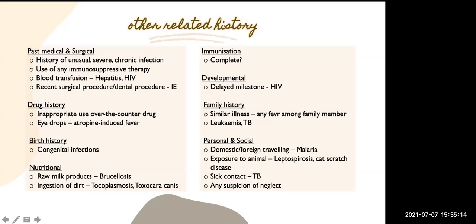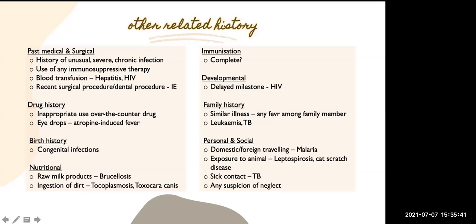And then for family history, we basically want to ask if there's any similar illness among the family members, which may be associated with TB or any malignancy. Okay, and then personal or social history, especially if there's any exposure to animals, and also if there's any sick contact, such as a patient with TB.